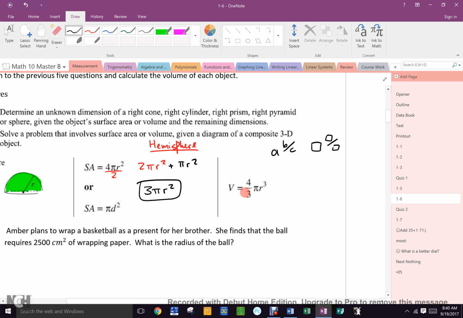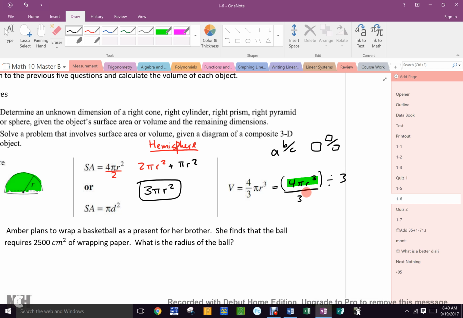So what I like to do for this one is I rewrite it as 4 pi r cubed, then everything divided by 3. Kind of like how we did the pyramid volume, yes? This isn't so bad because then you can enter that on your calculator in brackets and then push divided by 3. Then that fraction isn't a hassle.